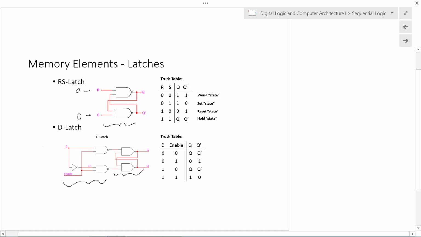Well, first of all, why do we want to have a D? Well, notice that if we wish to set or reset the state, S and R need to be inversions of each other. The D basically develops our S signal and our R signal.